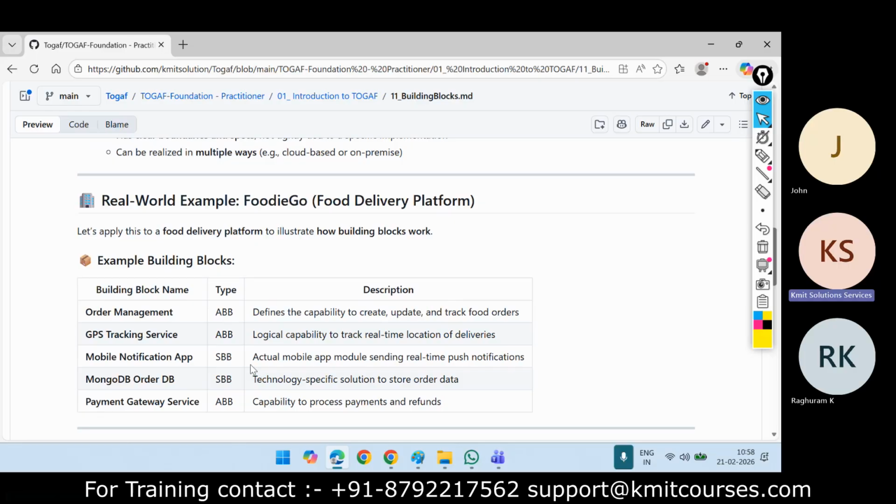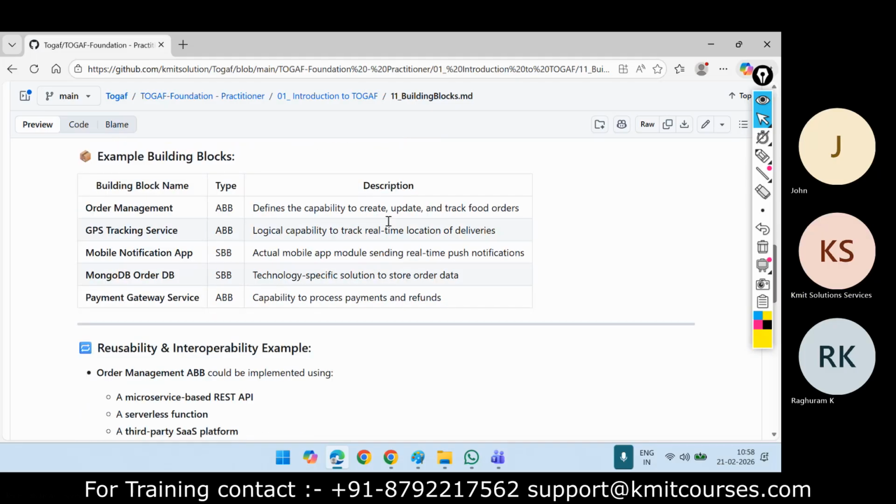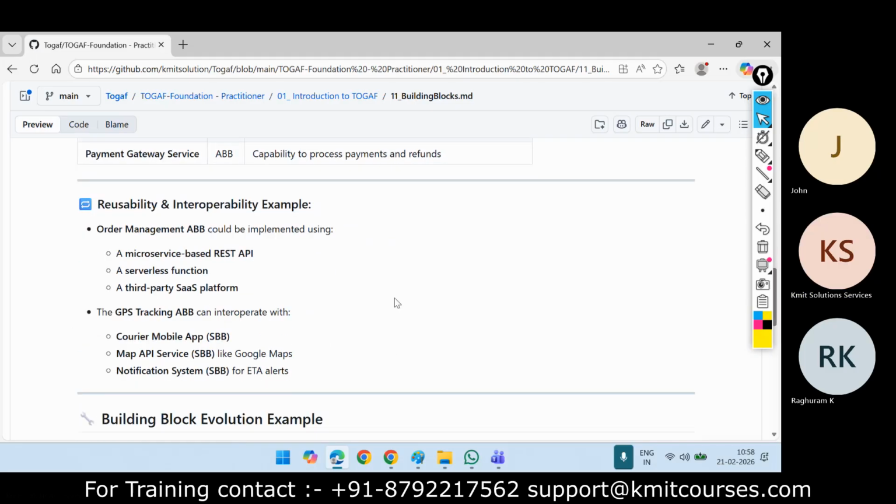Where we are talking logically, we are not talking about the implementation point of view. Those are architecture. And the one where we are saying, for example, MongoDB orders, MongoDB is a technology, so that is a solution building block. Payment gateway service, a service with the capability to process payments and refunds. So this is design, the architecture building block.